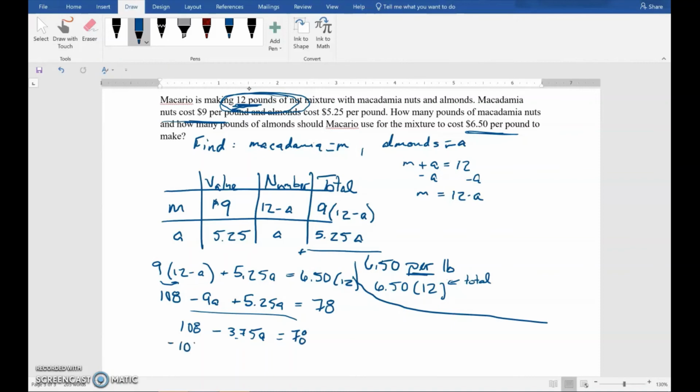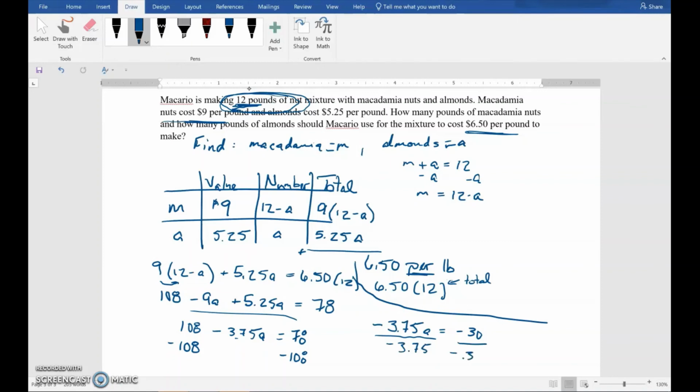Subtract the 108. So we've got a negative 3.75A equals a negative 30. Divide by the negative 3.75.